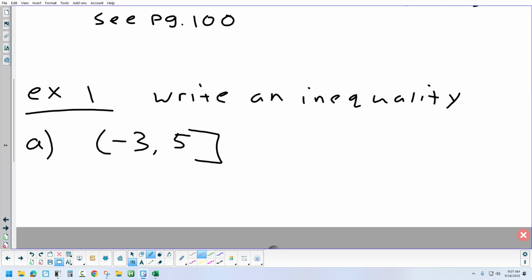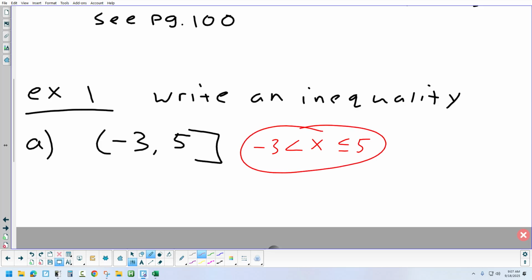Yeah, -3 is less than x, and x is less than or equal to 5. Perfect. That set notation means exactly the same thing as what we just wrote as an inequality. X has to be bigger than -3, but less than or equal to 5.